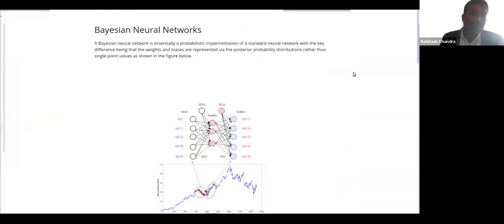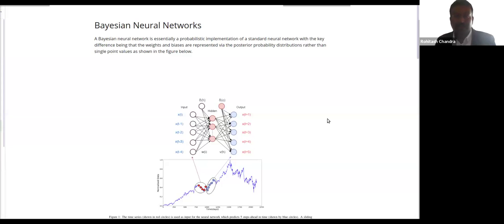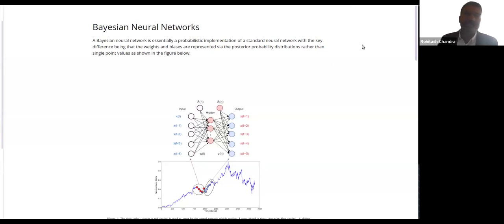Now we are going to move on with that whole debate and thought process, and we are going to apply that to neural networks. So what is a Bayesian neural network? Simply, a Bayesian neural network is a neural network which has been trained by a Bayesian inference algorithm.